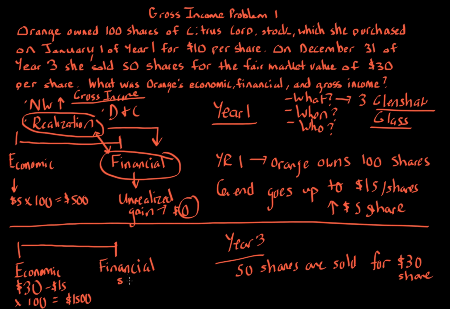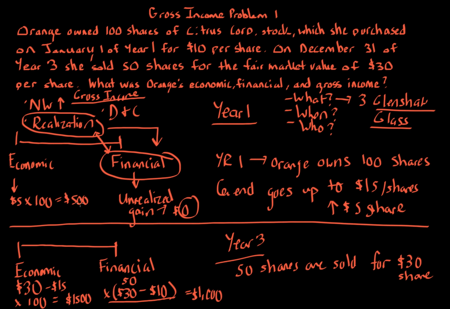We take the difference in value between the 30 fair market value and the 10, the amount we purchased it at, right, the cost, also known as basis when it comes to tax, which you'll learn more about later. We multiply that, and that gives us $1,000.